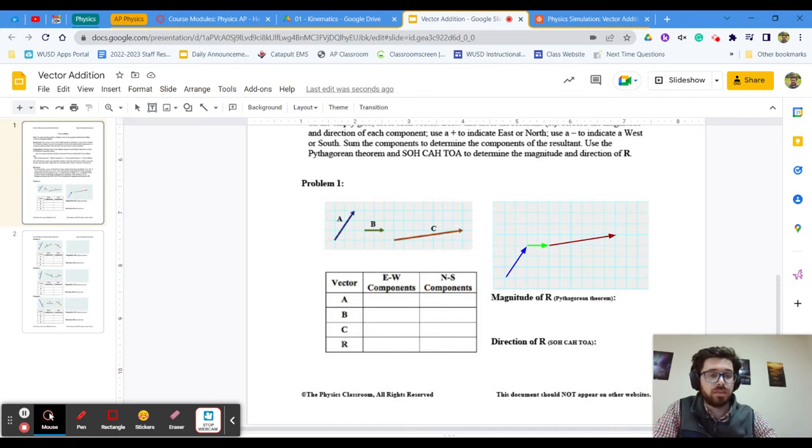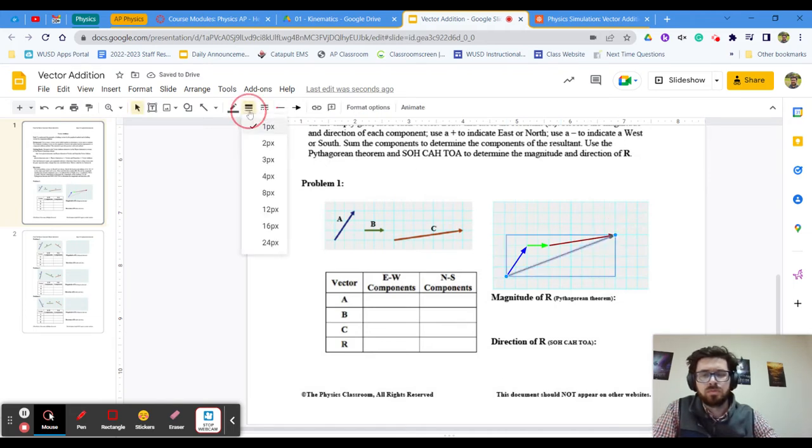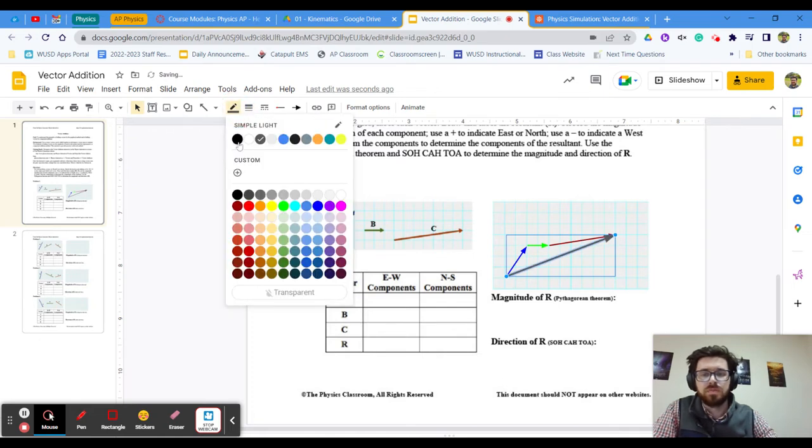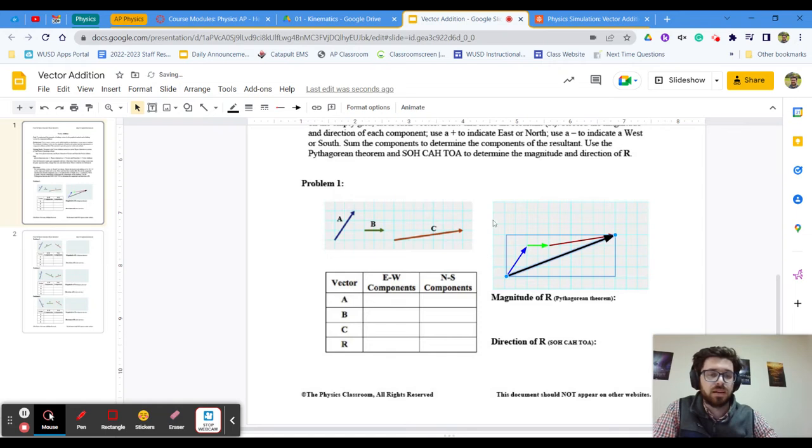We'll start at the bottom of A, and we'll go all the way to the end of C here. Let's make it a little bit thicker than the last one. Let's make that one black. Okay, so that black arrow is going to be our resultant vector.